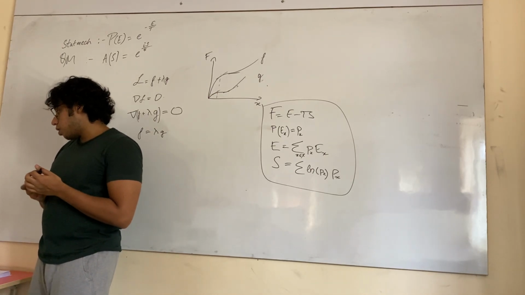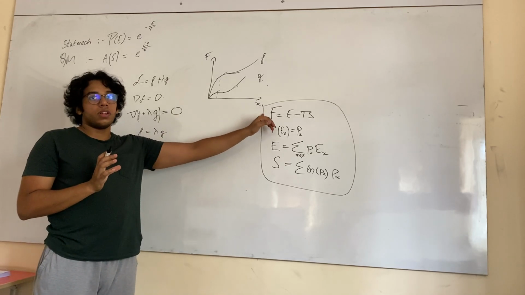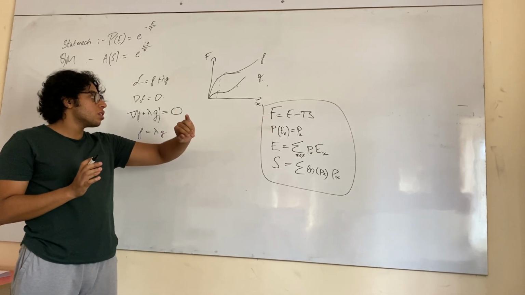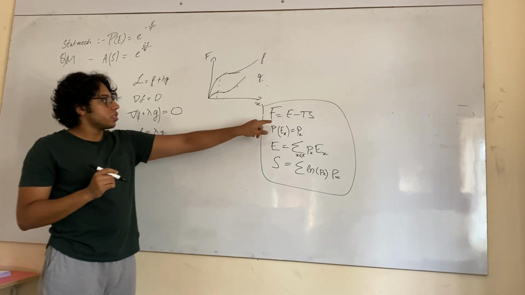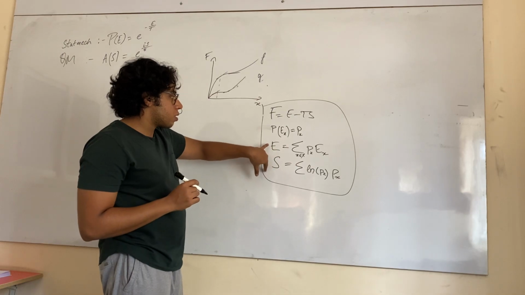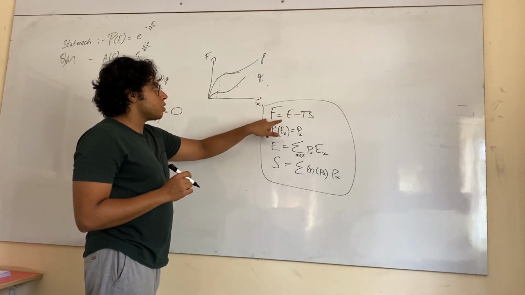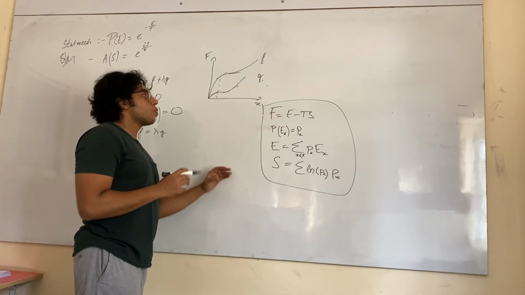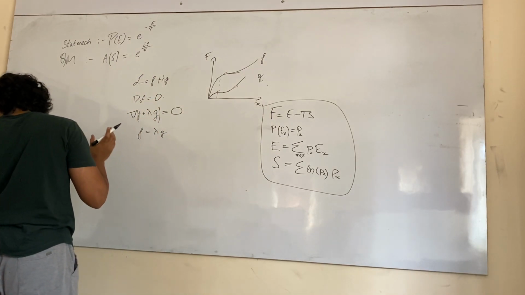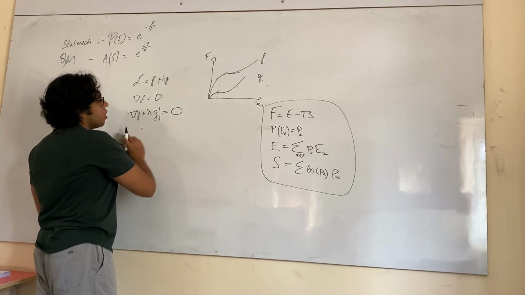So now, coming back to the minimization problem of F is equal to E minus TS, we want to minimize this. Given these two are functions, we want to minimize the whole free energy. Once you have the principle of minimum free energy, you have introduced something.